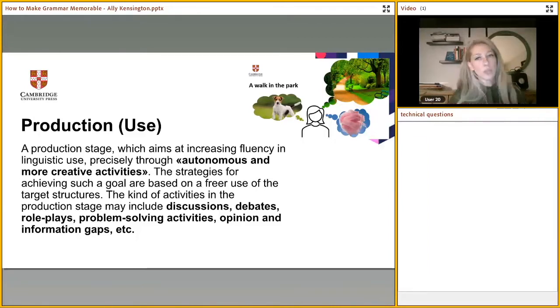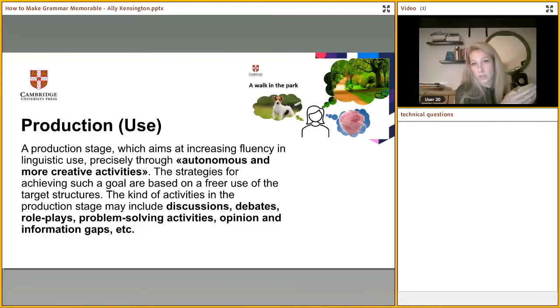Okay, I'm just going to read it out loud very fast, and then we're going to jump into the fun bit. Production stage, which aims at increasing fluency in linguistic use precisely through autonomous and more creative activities. The strategies for achieving such a goal are based on freer use of the target structure. What do we know?